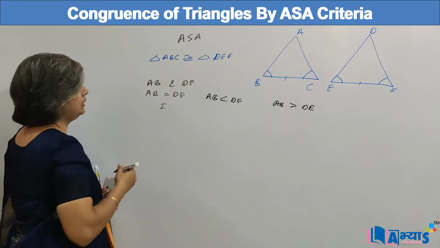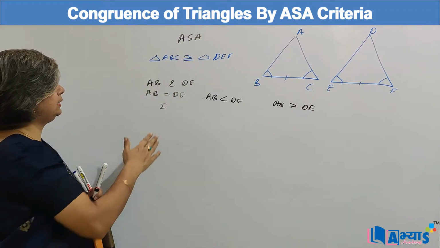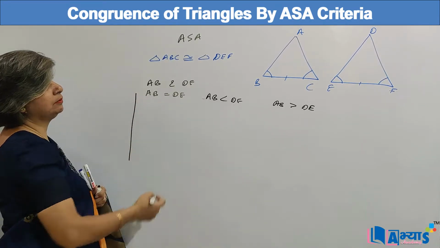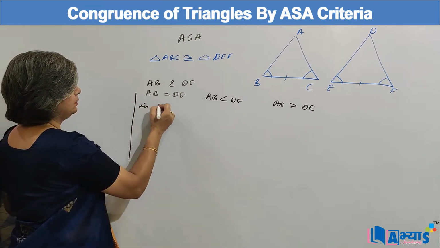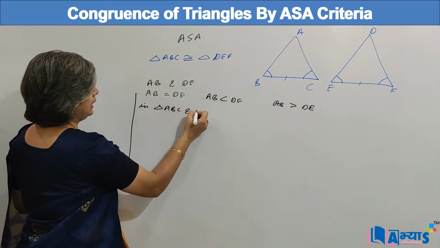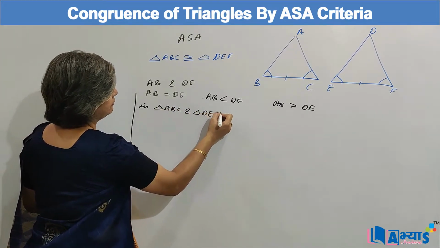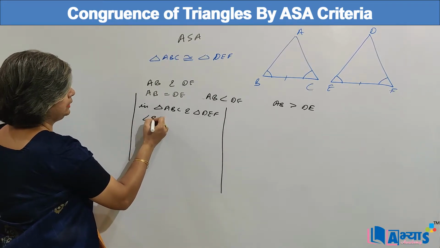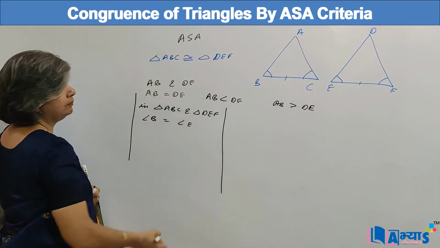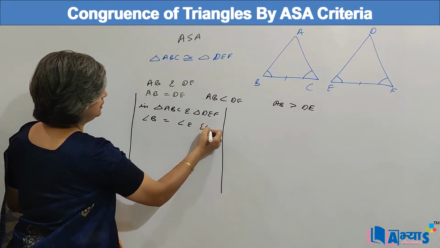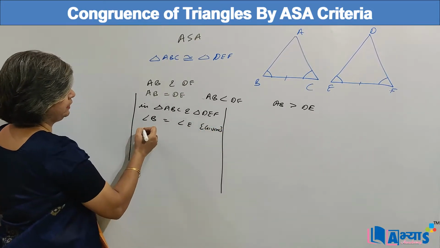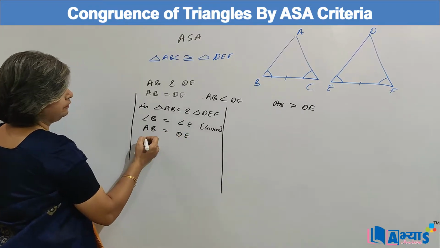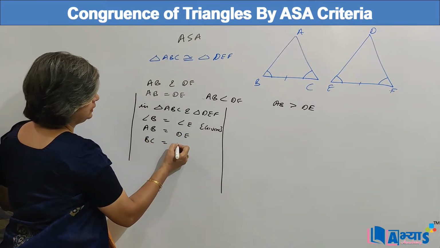In the case 1, if AB is equal to DE, in triangle ABC and triangle DEF, what we have, that angle B is equal to angle E. It is given in the statement. Moreover, we have assumed that AB is equal to DE, and we know that BC is equal to EF.